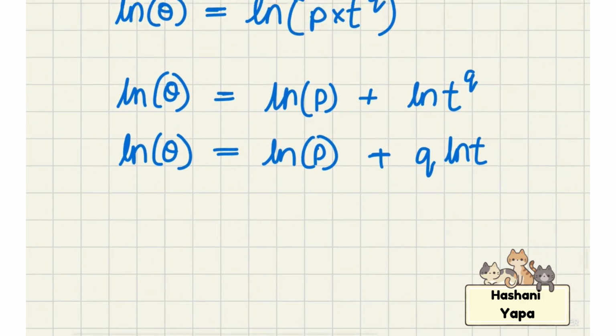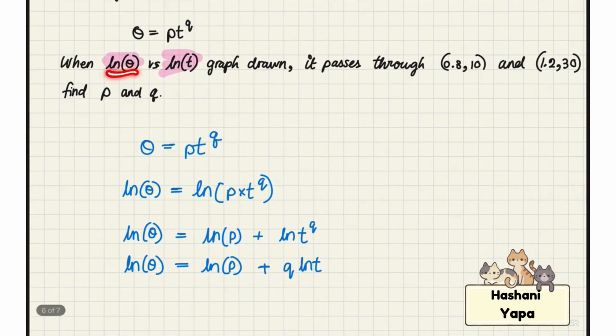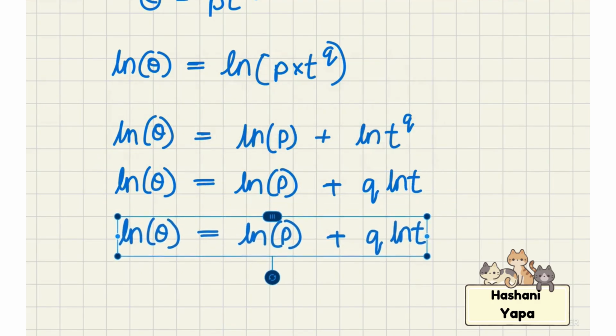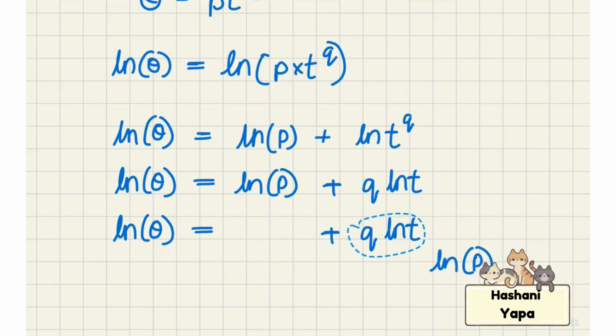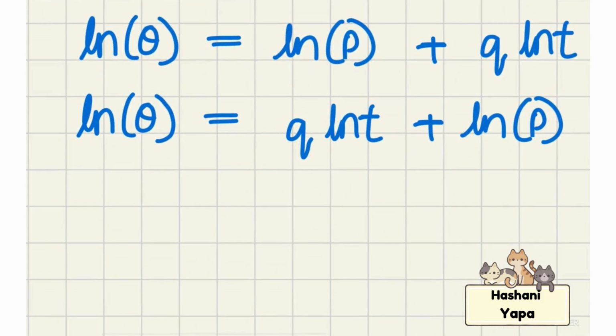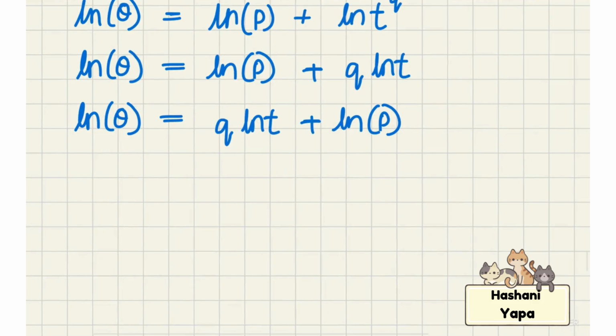Now we can rewrite this. What are they saying here? ln theta versus ln t. ln t is here, ln theta is here. If I rearrange this, I can bring this here and this here. So this is the y coordinate, ln theta, and this is the x coordinate, ln t.